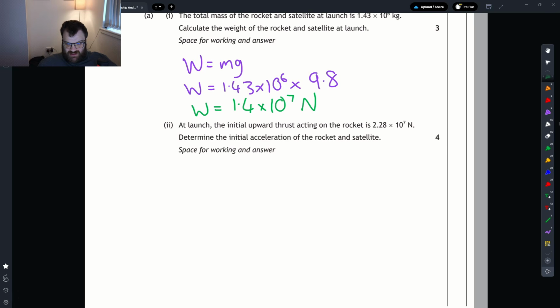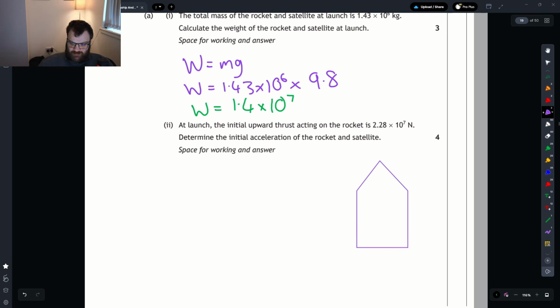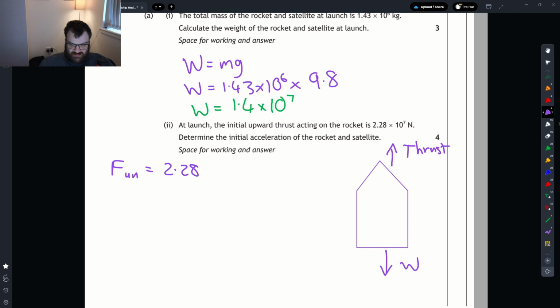And then we are told we have upwards thrust. Calculate initial acceleration. Okay, so the thrust first has to counteract the weight, and then it's over and above the weight that would cause the acceleration upwards. So if I sketch a wonderful rocket, we have our weight acting downwards, we have the thrust acting upwards. So we want to calculate the unbalanced force, and that will be the thrust take away the weight.